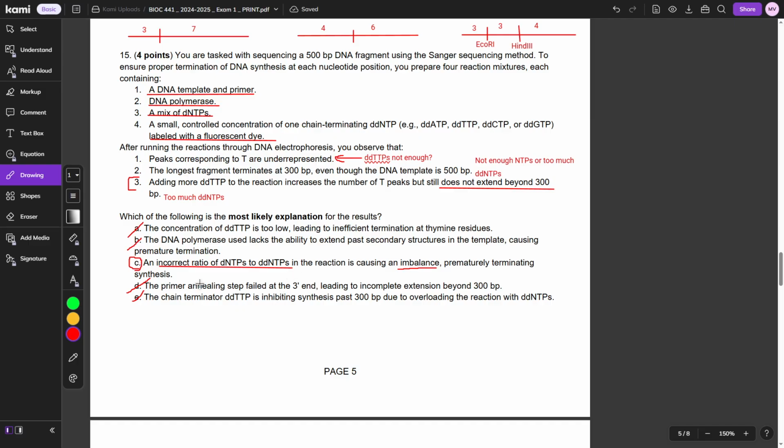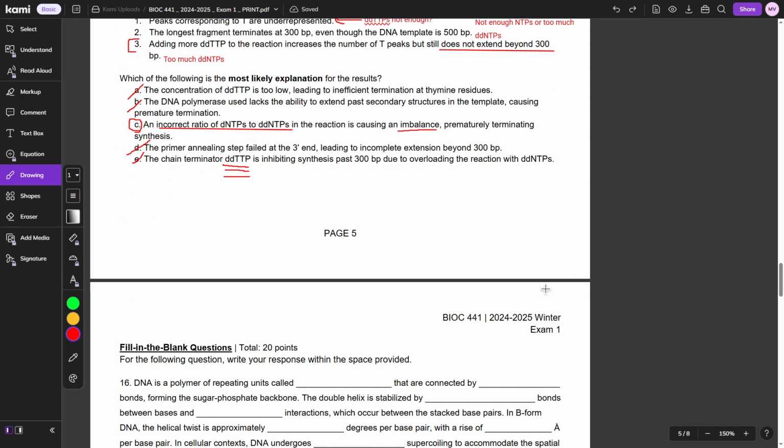In E, it's not that ddTTP is the problem, because we added ddTTPs back in and the reaction was able to progress, but it still stopped at 300. So the ddTTP is not the problem here. I'd go with C as the best answer.